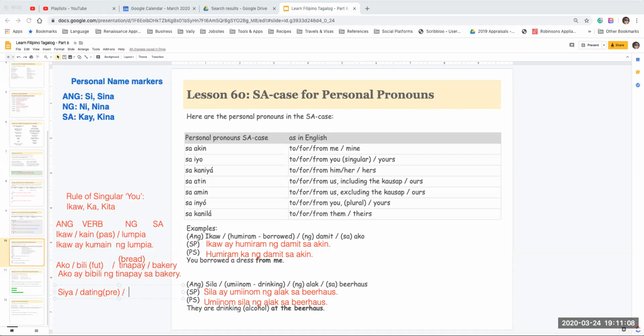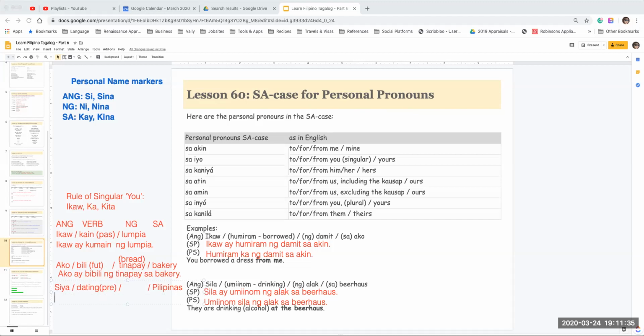And the sakis would be Pilipinas. So that will be our sakis. All right, we don't have an object.